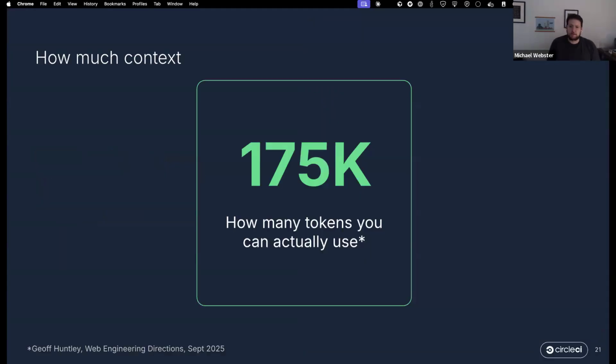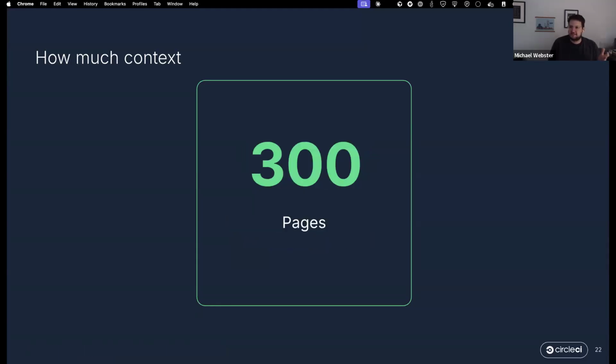So how much context are we talking about here? This estimate comes from Jeff Huntley, who has worked a lot on various coding agents. At a presentation he gave in September of this year, he said that in practice with modern coding agents, you have about 175,000 tokens that are actually available to complete your task. What that translates to in human language is about 300 pages of text. A 300-page novel would take up about 150,000 tokens. By contrast, the Linux kernel is 50 million tokens.